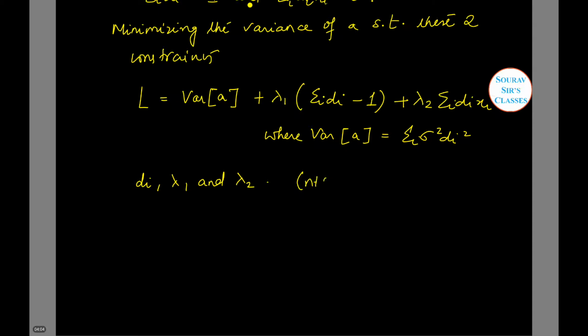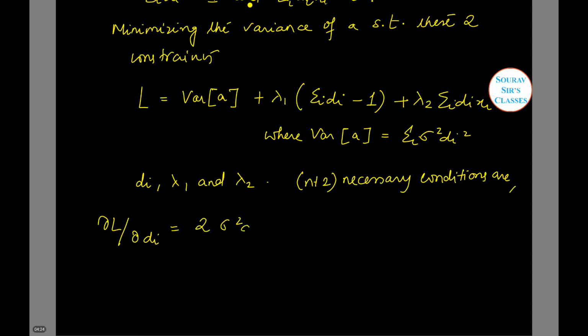The n plus 2 necessary conditions are the first order derivatives. So del L by del di is equal to 2 sigma square di plus lambda 1 plus lambda 2 xi.